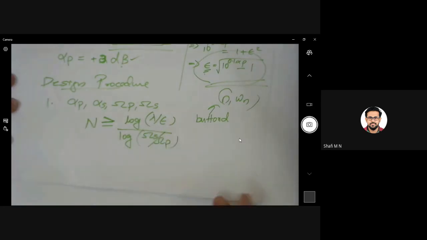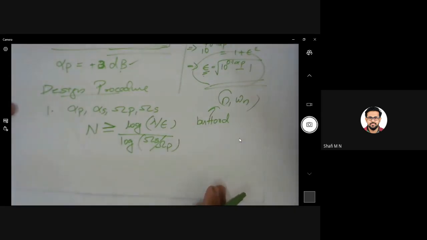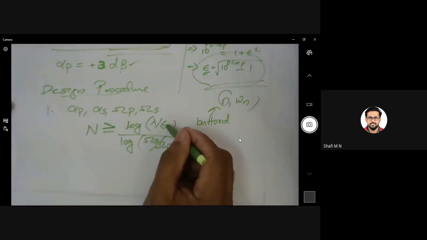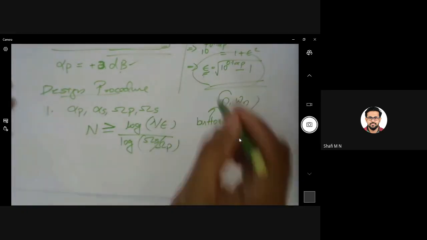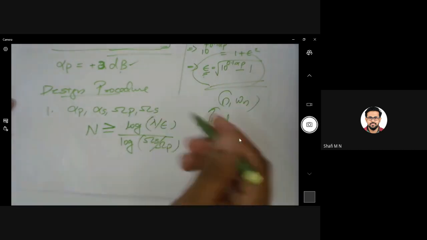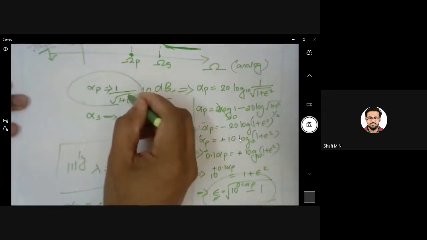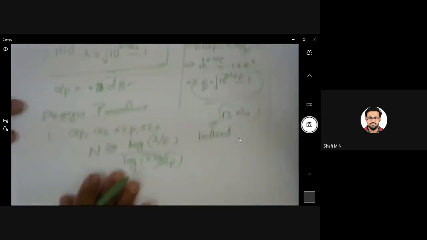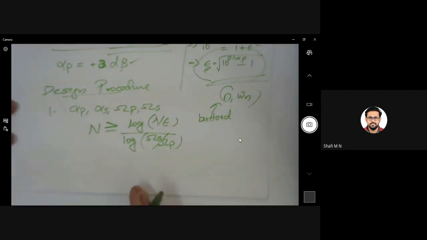This is the equation to find the order of a Butterworth low pass filter. See, the equation is very simple in terms of lambda by epsilon. Otherwise it would be complicated, with the root of 10 raised to 0.1 alpha p, since you would have to express it in terms of alpha p and alpha s. So we simplify using lambda and epsilon, a use of mathematical modeling. Clear, right? This is the equation for order, so that is the first step: you have to calculate the order.